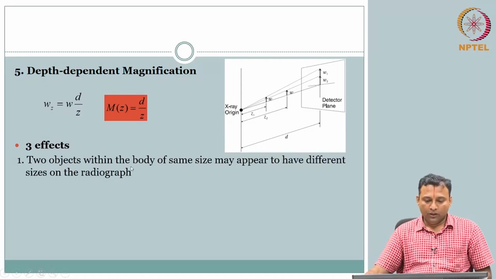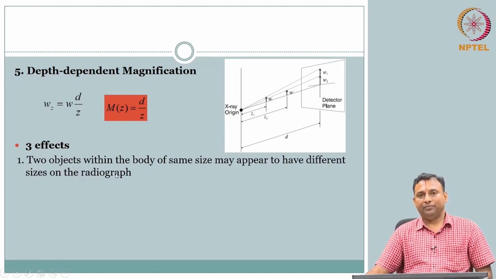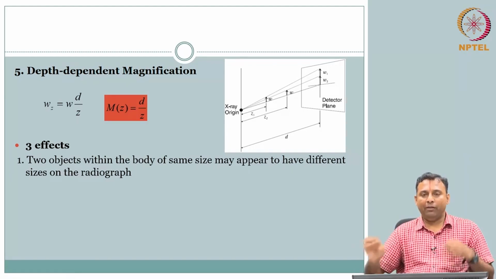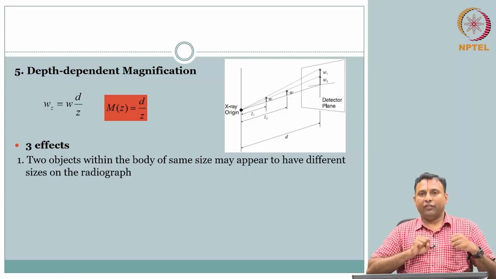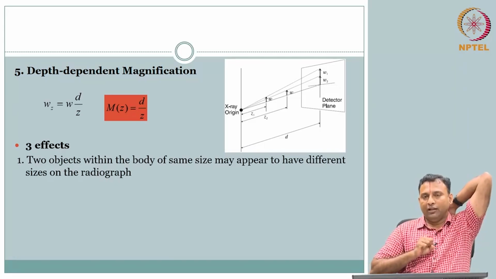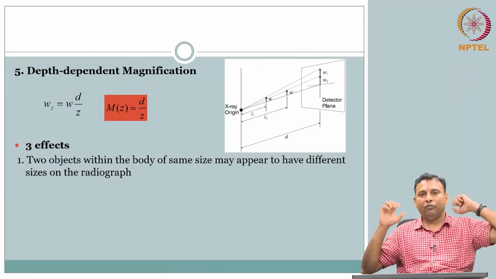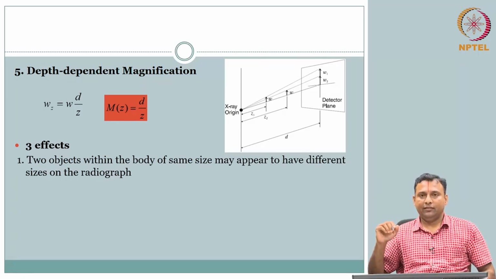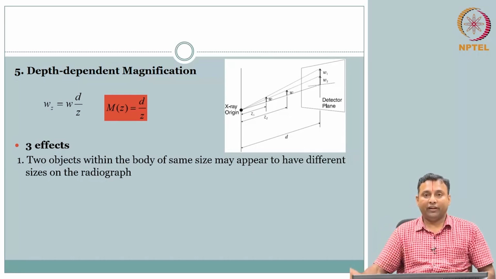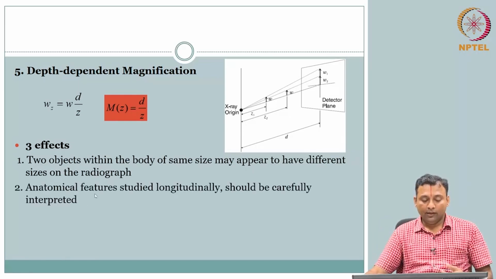Depth. So depth dependent magnification: two objects within the body of the same size may appear different on the radiograph. One tumor I have in the front of my chest, the other at the back of my chest. They both will appear of different size because of this effect. That is one effect.